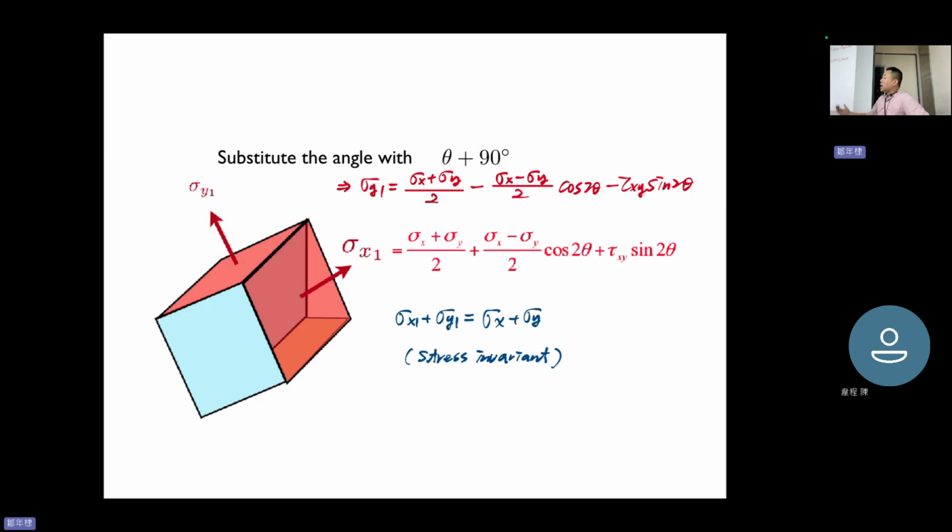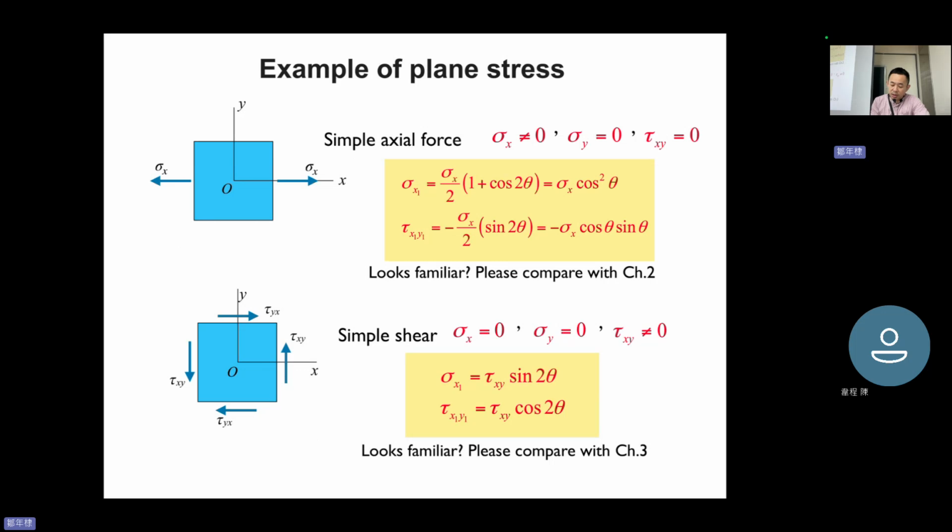Now, some special examples of plane stress. Example of plane stress when you only have a simple axial force. Your sigma x is not equal to 0, clearly, but there is no force on the y, so sigma y equals 0, and no shear stress, so tau xy equals 0.